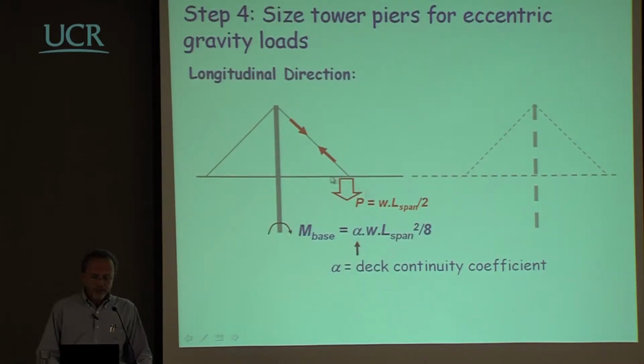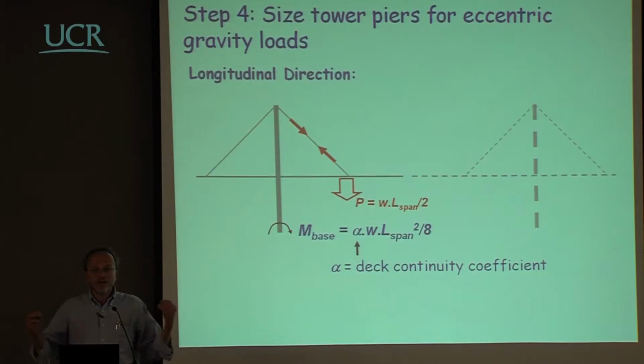This will depend also on the capacity that the deck has in terms of continuity to reduce this moment. But even considering gravity in this case, you will immediately realize that you are also going to have a different compression in the deck on one side and on the other, because on one side you have more weight, on the other side you have less weight, so you have a different stress in the cable.